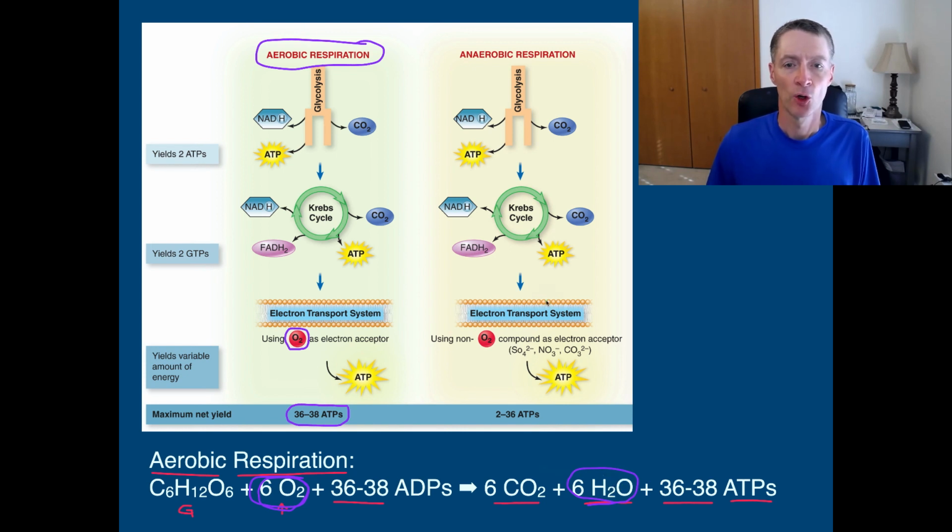If a molecule uses some compound other than oxygen to grab onto those electrons as a final electron acceptor, then we call it an anaerobic type of respiration. Some examples of molecules that do this are sulfur-containing molecules, nitrogen-containing molecules, carbonate. So these are inorganic molecules other than oxygen taking on those electrons.